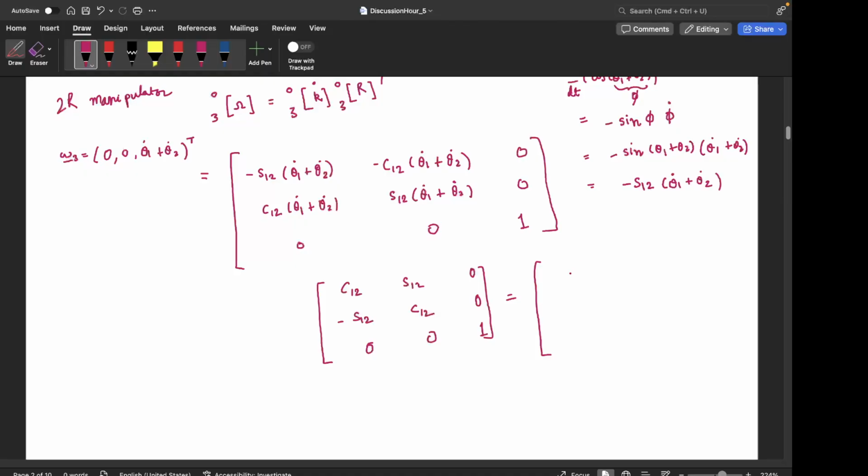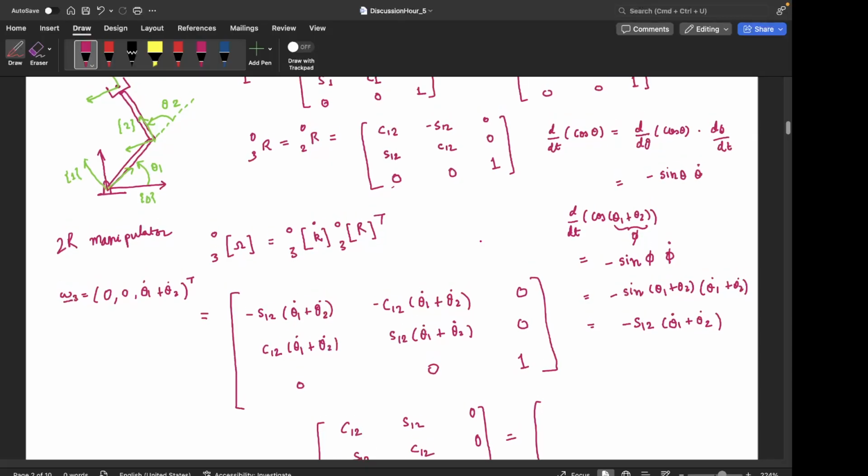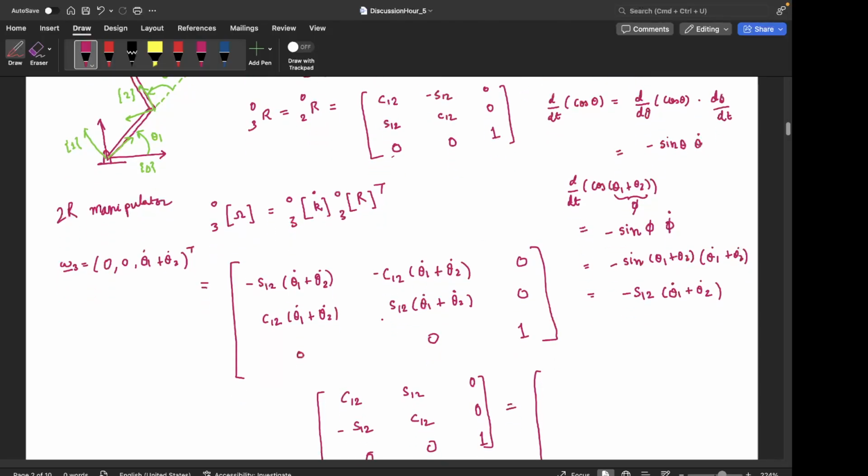So now let's multiply. What you can see is that we can take theta 1 dot plus theta 2 dot common out of there, right? And then we can basically multiply, and here I have missed one minus sign.